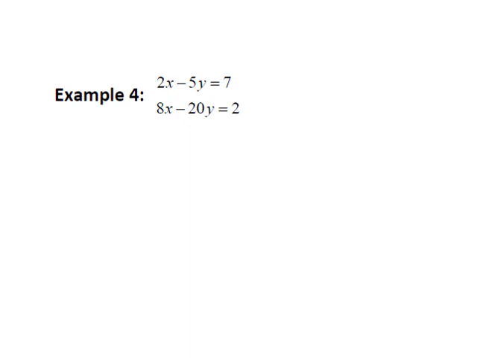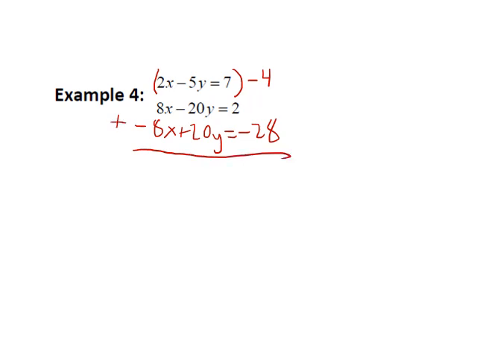Okay, last example here. Noticing my first equation, if I can multiply that one up to make the x's cancel, I'm going to multiply by -4. So I now have -8x plus 20y equals -28.